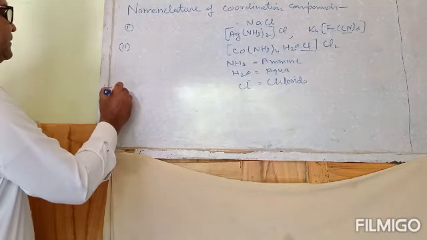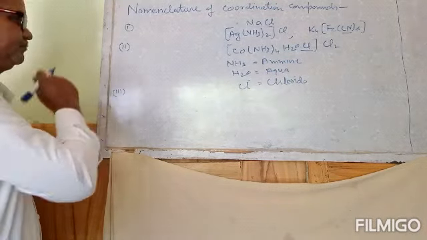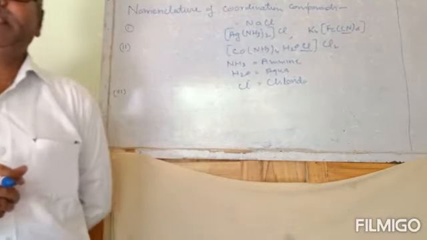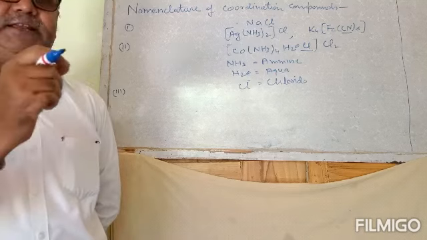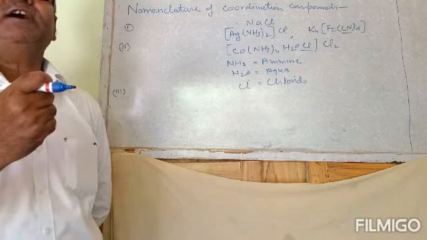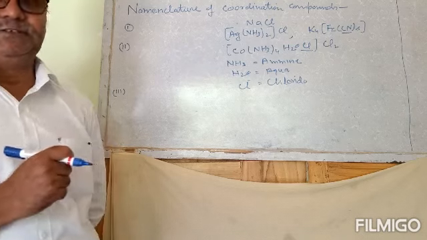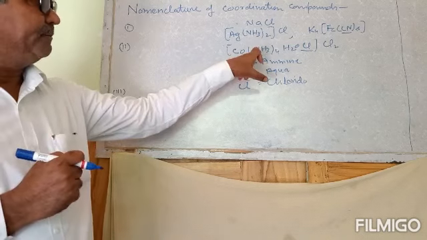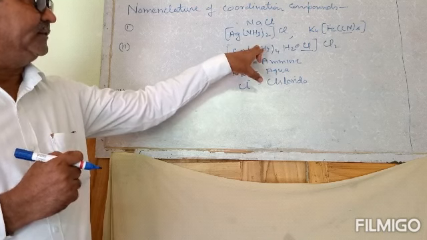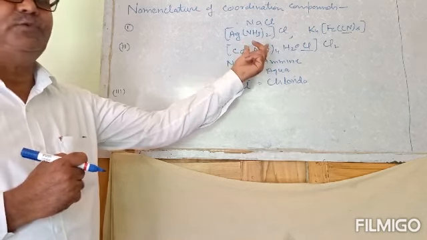Now next, third point. If same ligand has many molecules or many anions, for example here, same ligand, ammonia, there are 4 molecules of ammonia.